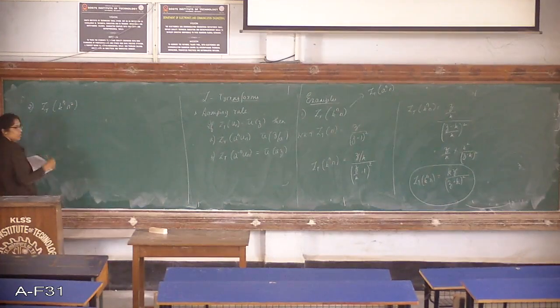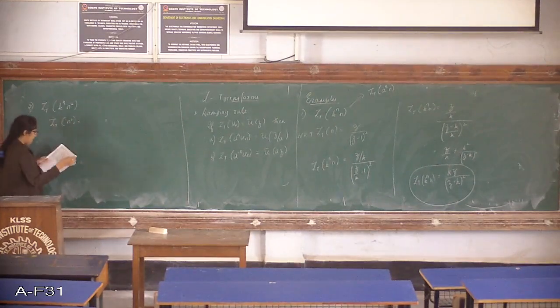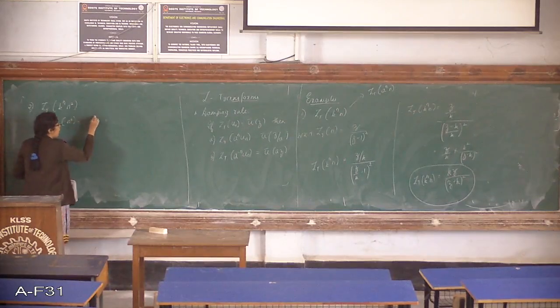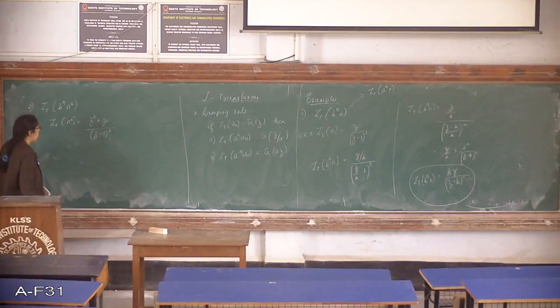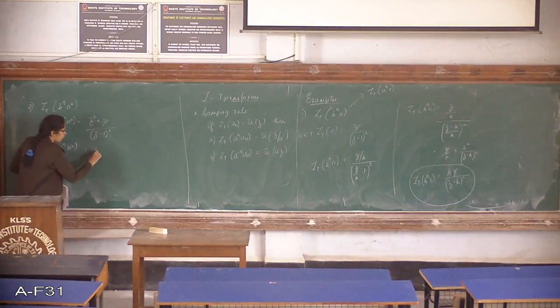So again we are supposed to make use of the damping rule, but we very well know that the z transform of n square is given by z square plus z divided by z minus 1 the whole cube. So if I associate k raised to n with this n square, all your z's will be replaced by z by k because of the damping rule.